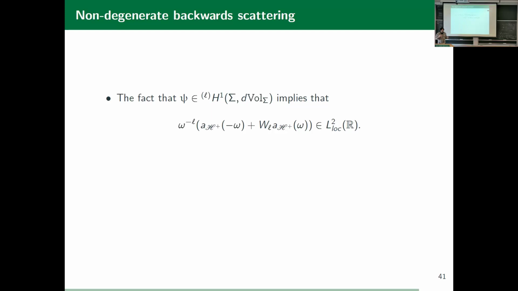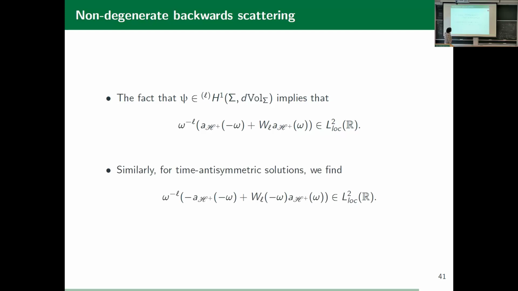If I assume my data to be in H1 and L2, but 0 on the L2 side, then if I have WL as such, I will have proven that this combination is in L2, including at omega equals 0. Now, the same story plays out if I were to do this for anti-symmetric solutions. But instead of H plus at minus omega, I will have minus H plus at minus omega. Otherwise, it's the same story.